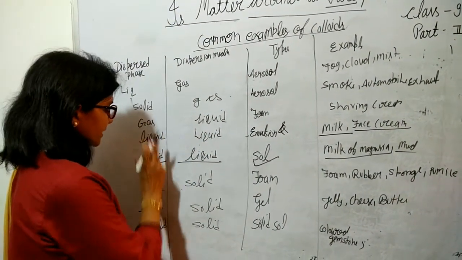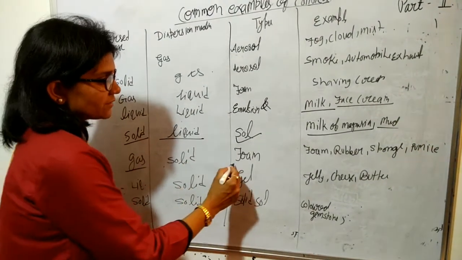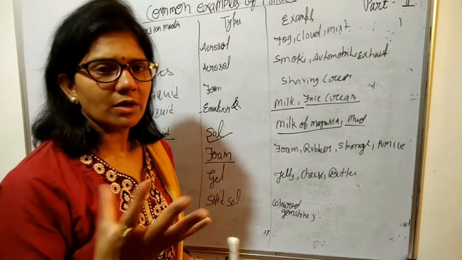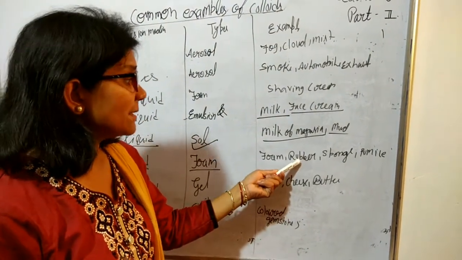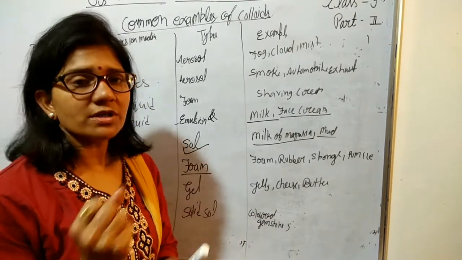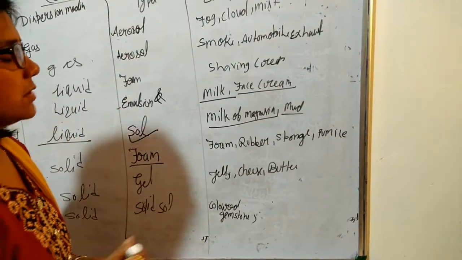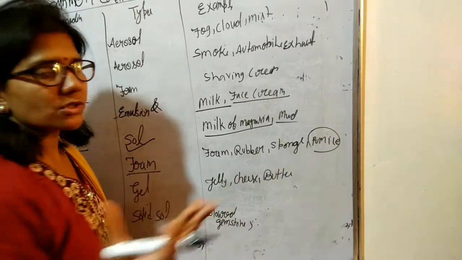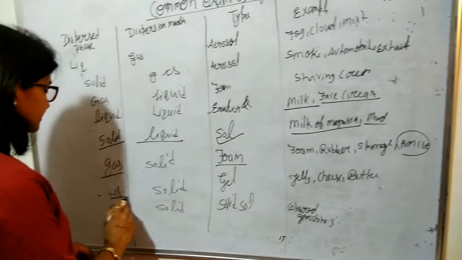Then gas in solid, where the dispersed phase is gas and the medium is solid, is known as foam. A very common example is the foam we use, rubber, sponges. There are lots of pores in which air is present, and the pumice stone also usually used in washrooms.